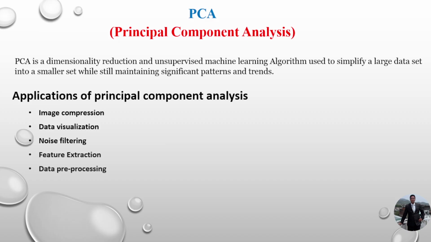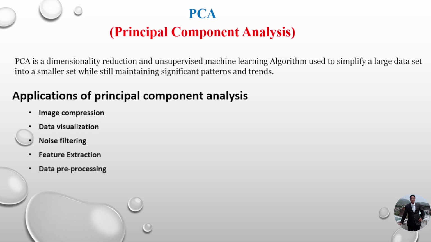Principal component analysis, or PCA, is a dimension reduction algorithm often used to reduce the dimension of a large dataset by transforming a large set of variables into a smaller one that still contains most of the information in the large set.